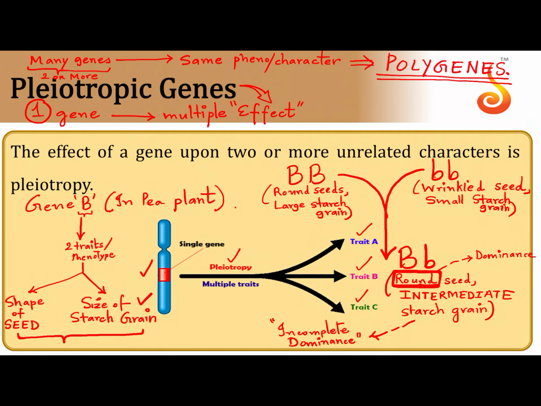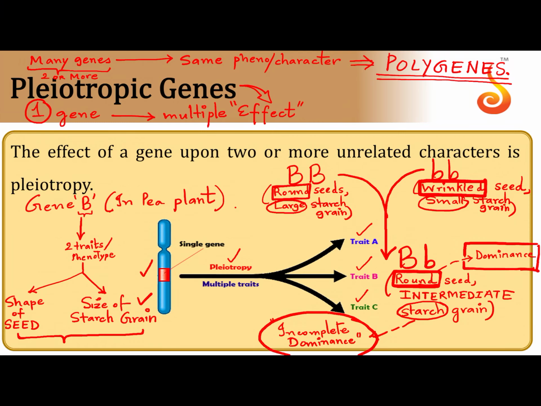From the point of view of the shape, round has had a clear dominance over wrinkled. But from the point of view of the starch grain, it is neither large nor small. So in terms of starch grain, it is incomplete dominance. In terms of the shape of the seed, it is a case of dominance.